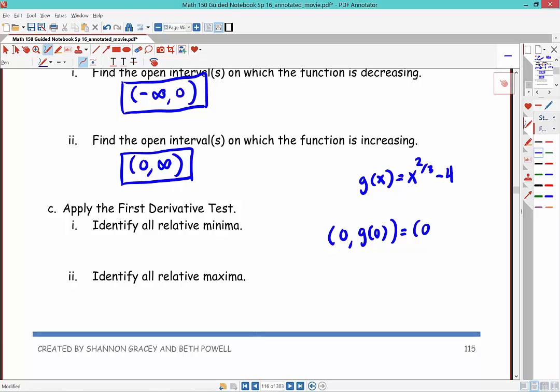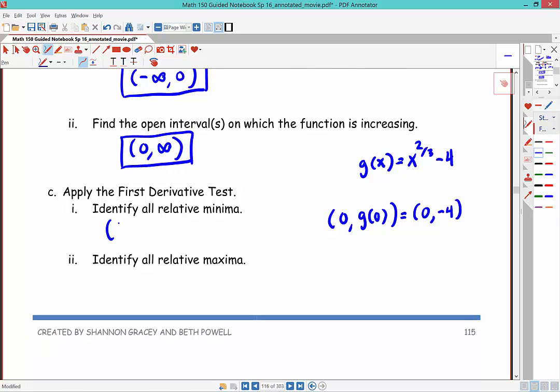So at 0, comma, -4, we have a relative minimum. And then identify all relative maxima. If some characteristic doesn't exist, you write none. So make sure on an exam you write none instead of leaving it blank.